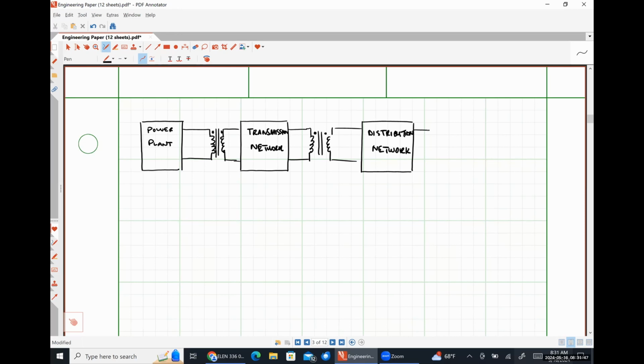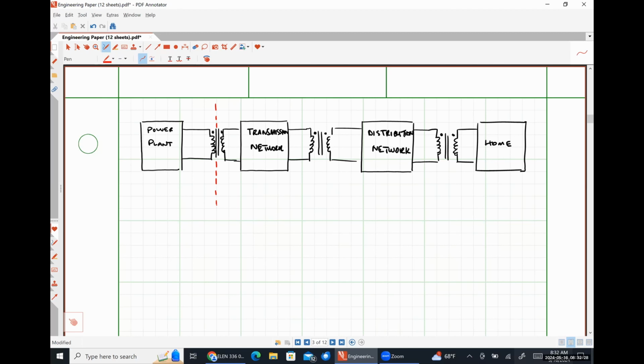And then another transformer. And then way over on this side would be our home or a small, what's called usually a secondary customer, which would be a residential or commercial consumer of power.